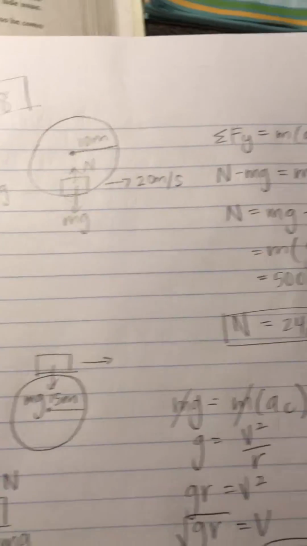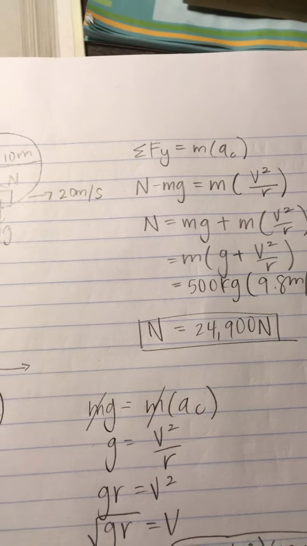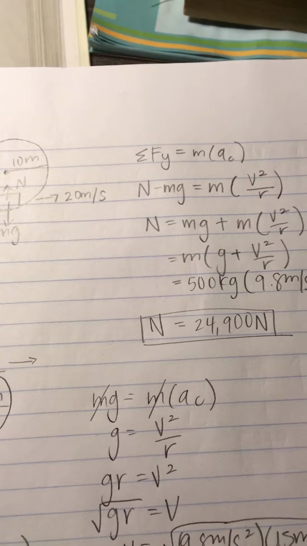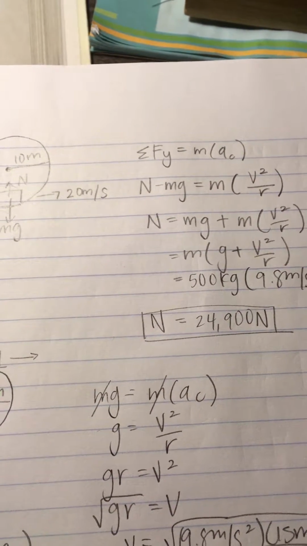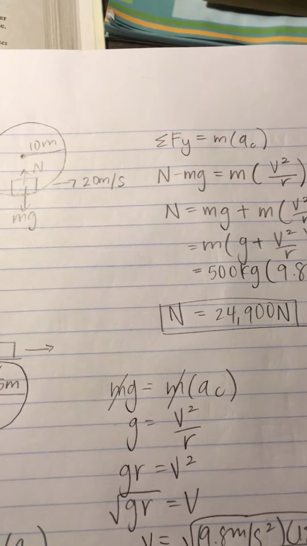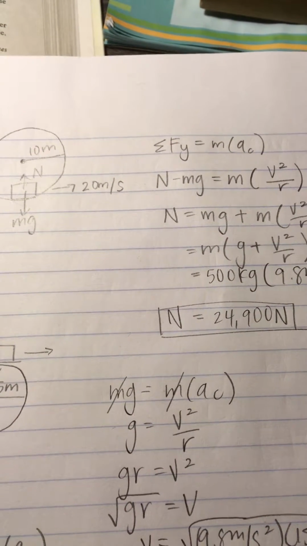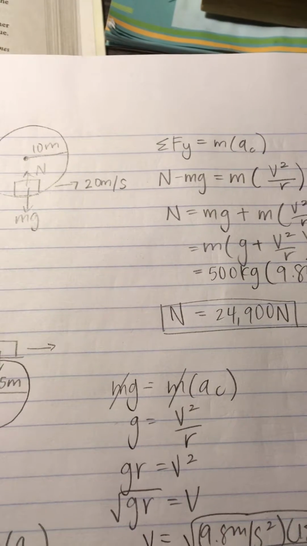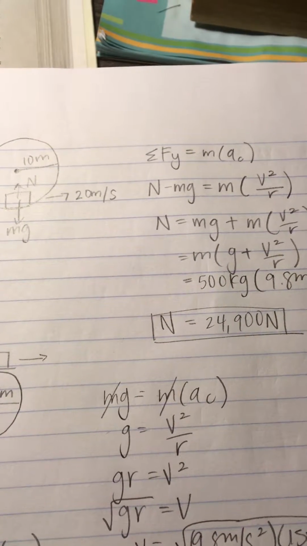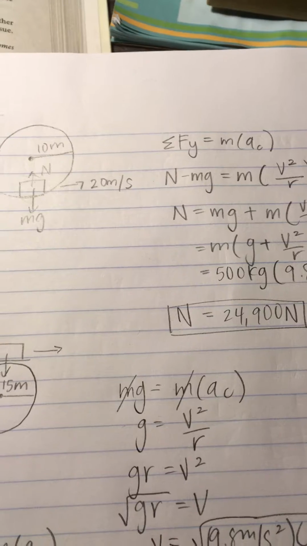Using Newton's laws, the sum of the forces in the y direction equals mass times the centripetal acceleration. Here it's the normal force minus the weight, because it has to be a positive number, since mass and acceleration combine to be positive.